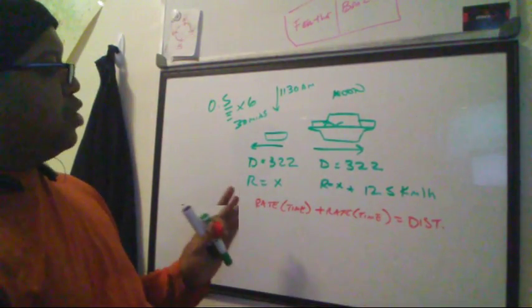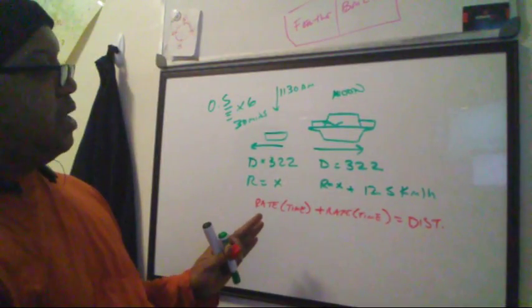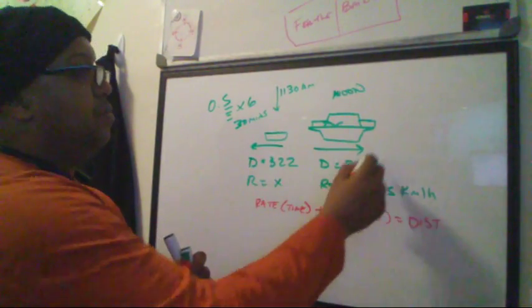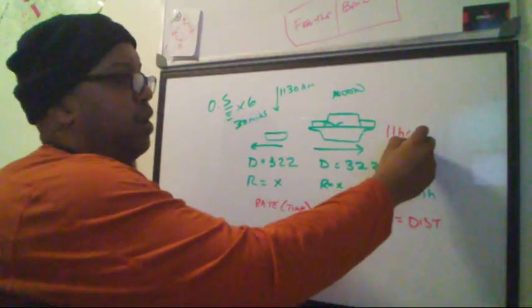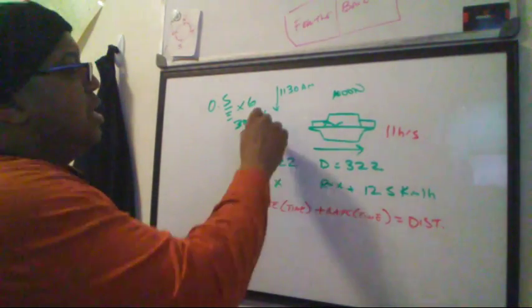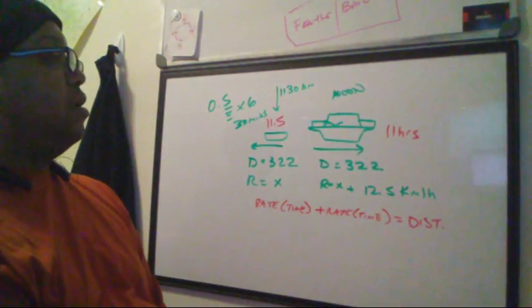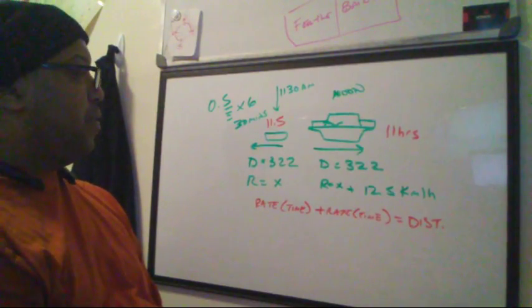So what we have to do is look at the rates and the times. Now, they told us for time, 11 hours. This guy moved 11 hours. This guy moved 11.5 hours because of the 30 minutes. So we have unknown rates and times, I should say.